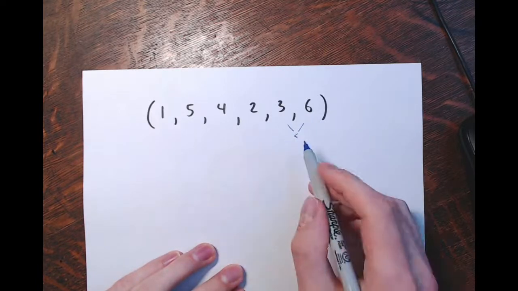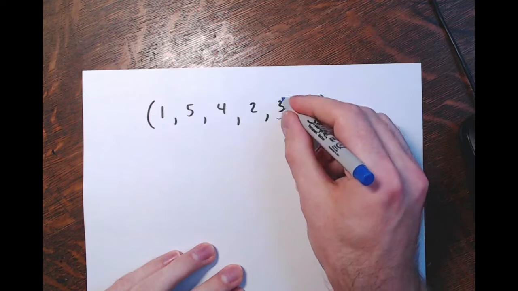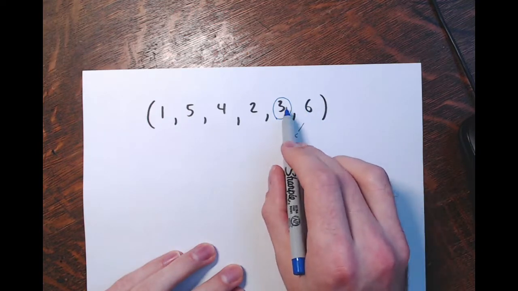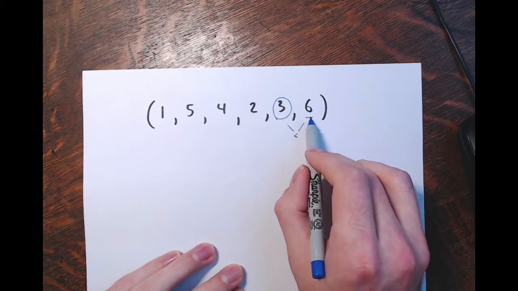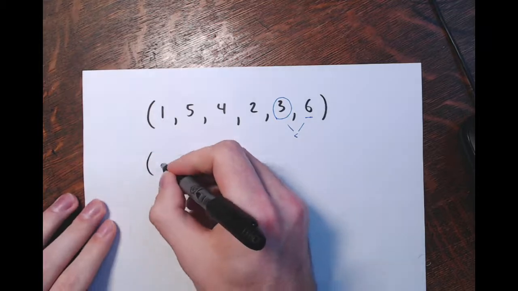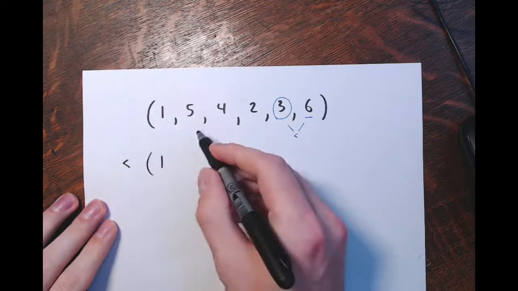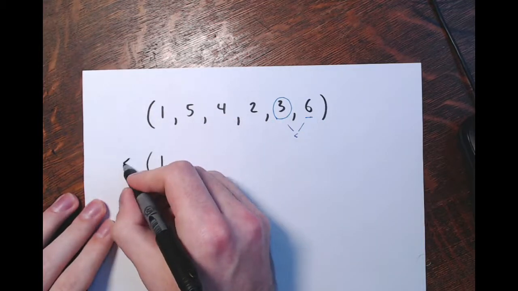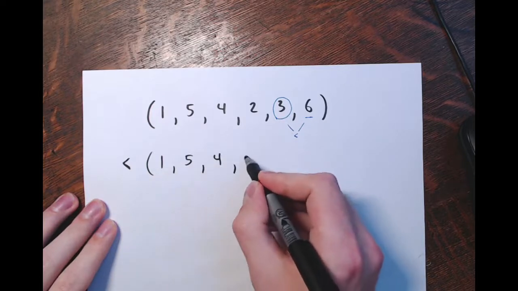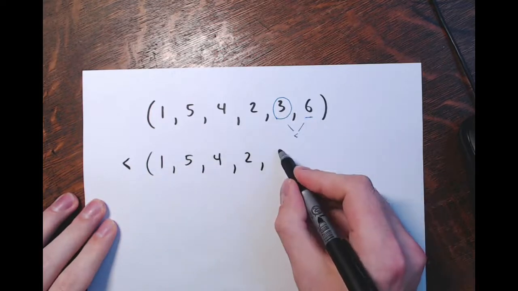I don't need to move to the next two. And I take the smaller number. I look to the right of it, and what's the smallest number that's bigger than 3? Well, that would be 6. And then you just swap those. So this permutation would be less than this one, 1, 5, 4, 2, and then switch the 6 and the 3, 6, 3.